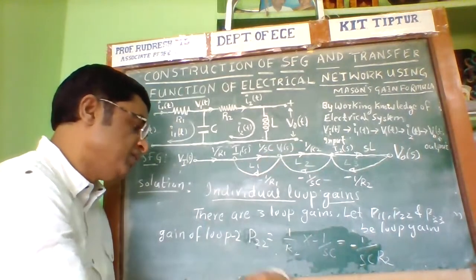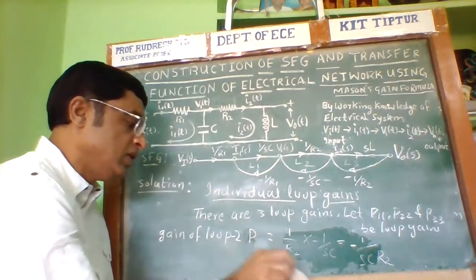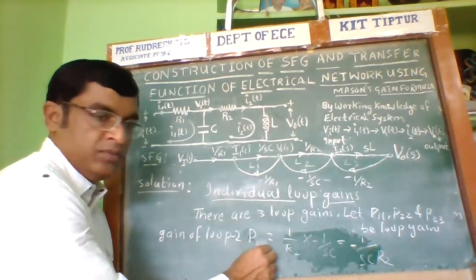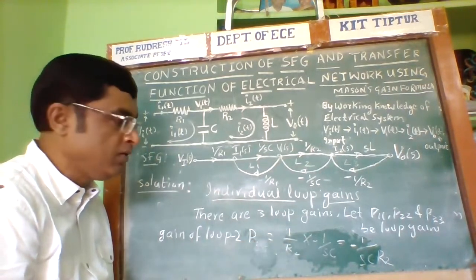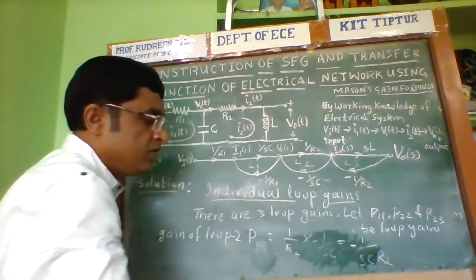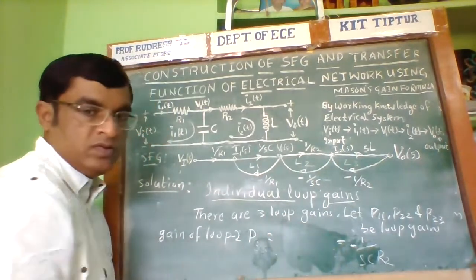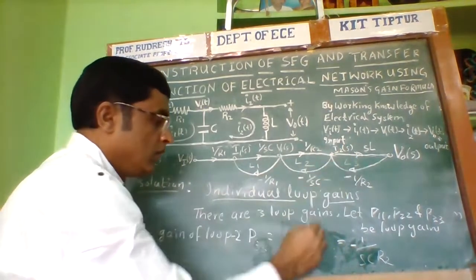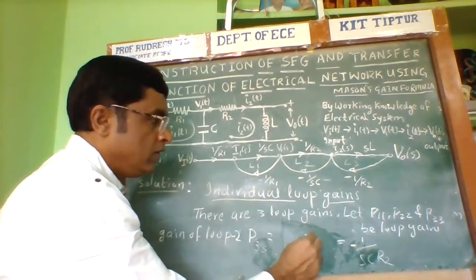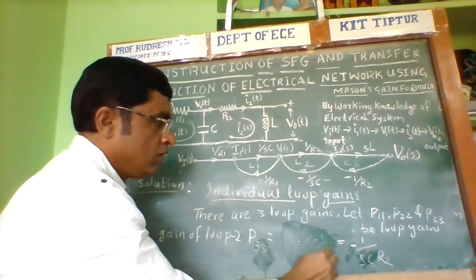Similarly, the gain of loop 3 is denoted by P33. What is loop 3? It is SCL into minus 1 by R2.